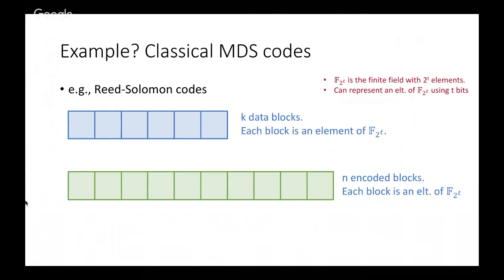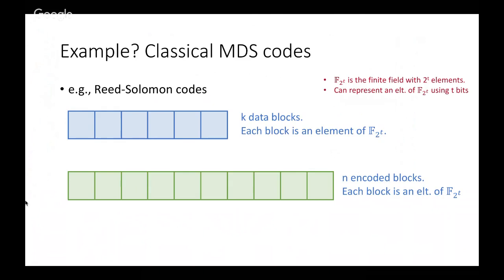For the purposes of this talk, I'm always going to be working over a finite field of characteristic 2, meaning size 2 to the t. So I can think of any field element as basically a vector of t bits. It's just that because it's in a finite field, I get to multiply 2 vectors and I get out another vector, or I can divide 2 vectors and get out another vector. I have that algebraic structure going on.